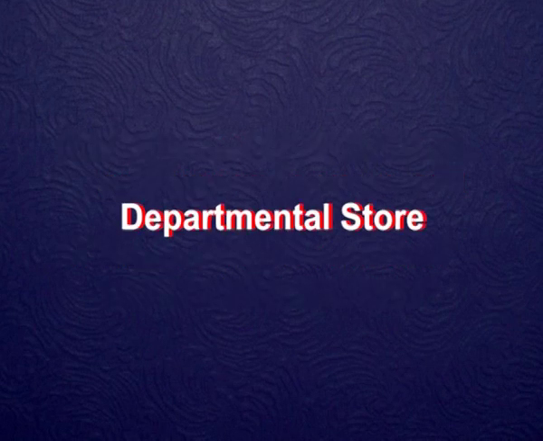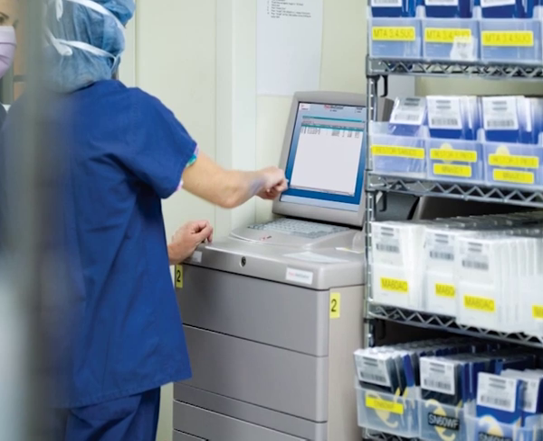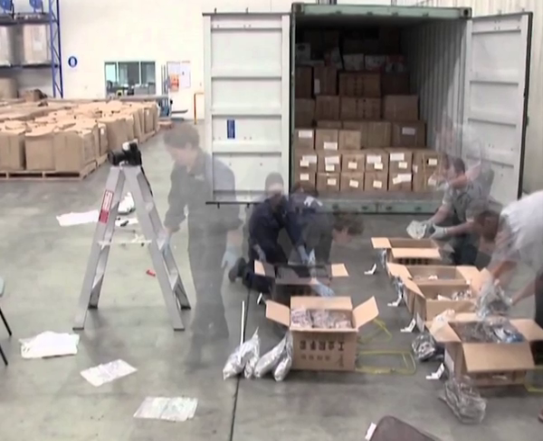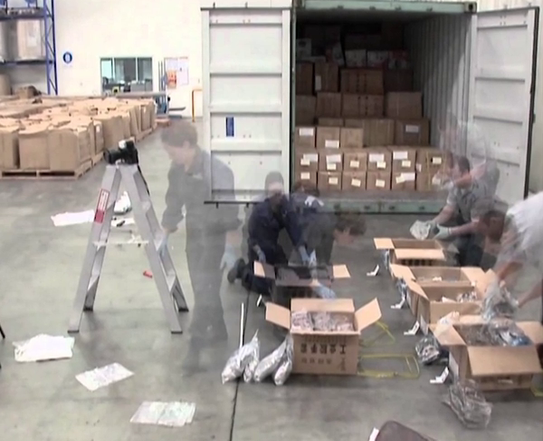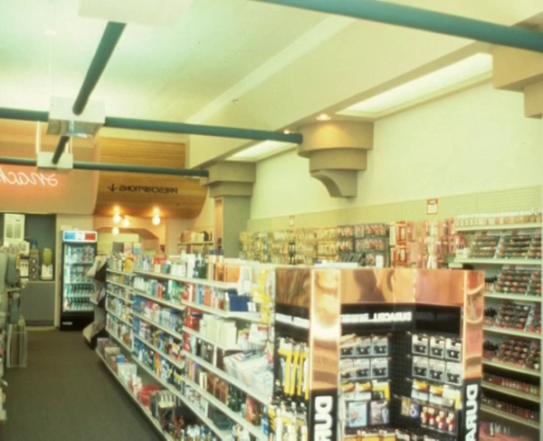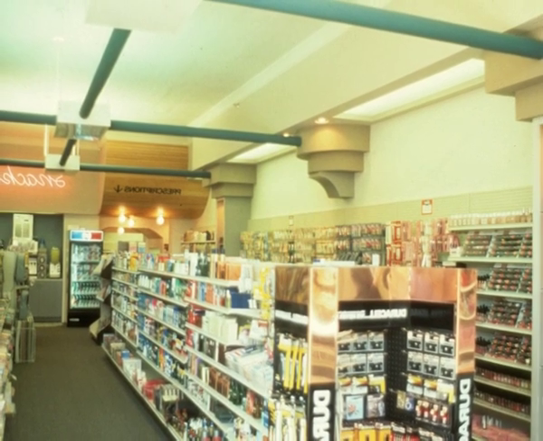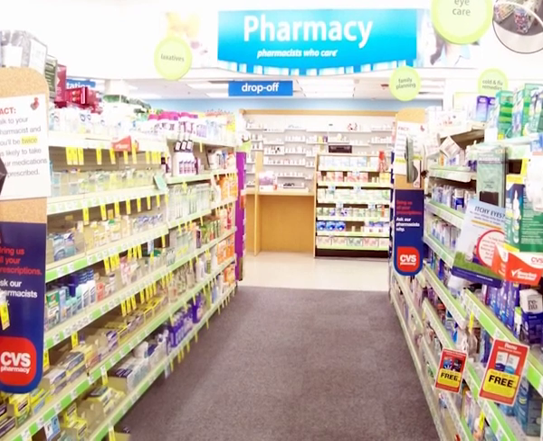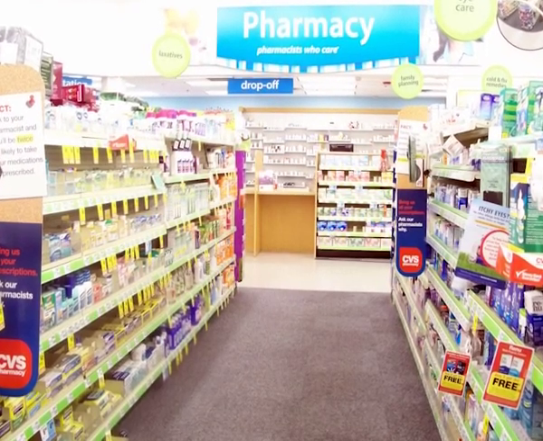Departmental store. A departmental store is a big store or retail organization engaged in retail trade of a wide assortment of goods under one roof. The store is divided into well-defined departments for better coordination and control. Every department is related to a particular line of products.